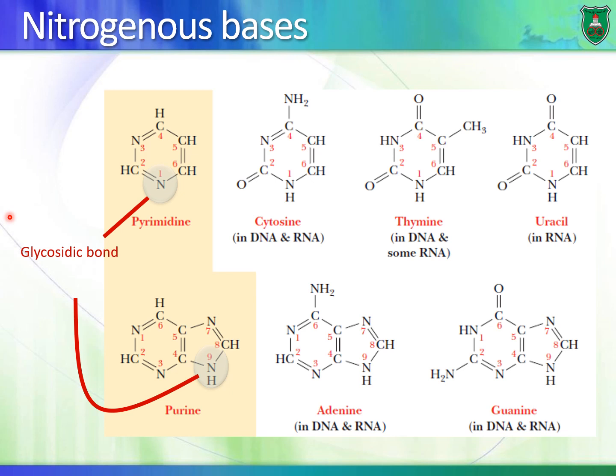So let's talk about the nitrogenous bases now. As I said, there are 2 types of bases. You have what is known as pyrimidines and you have purines. Now notice the numbering of the different groups right here. That's group number 1, that's a nitrogen, carbon 2, nitrogen 3, carbon 4, and so on.